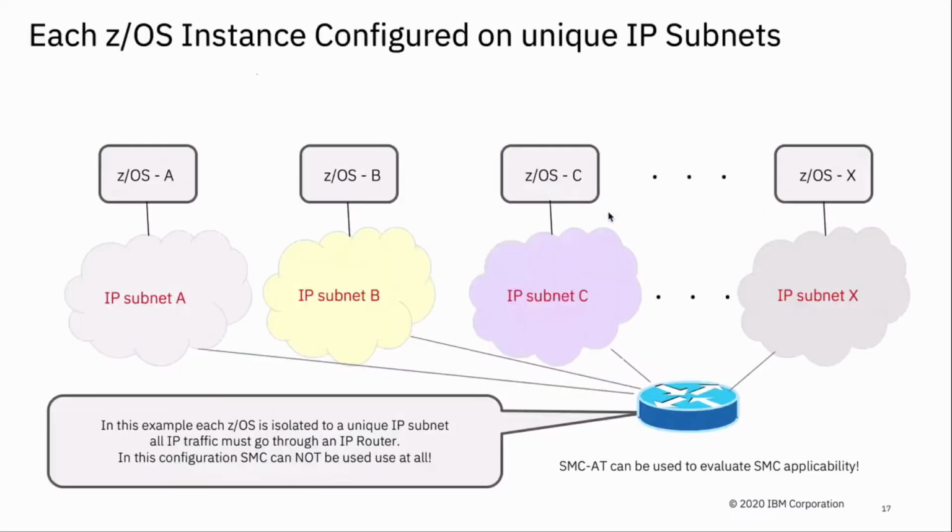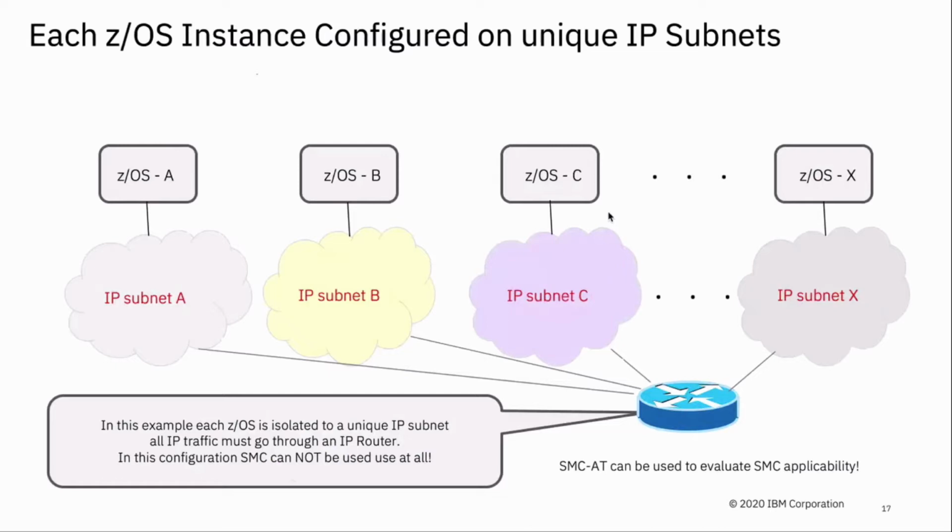We have seen this problem reveal itself in many ways, and I can show you several illustrations. We see extreme cases where customers might have each of their z/OS instances on a separate subnet. There are reasons for this.